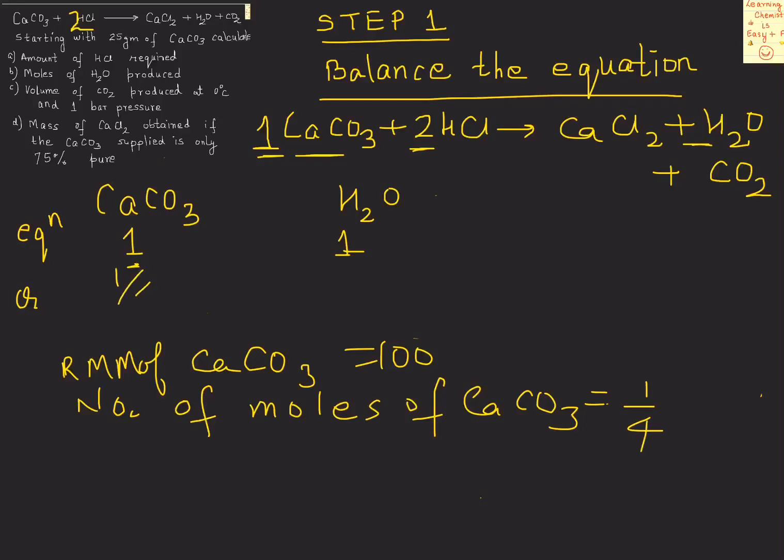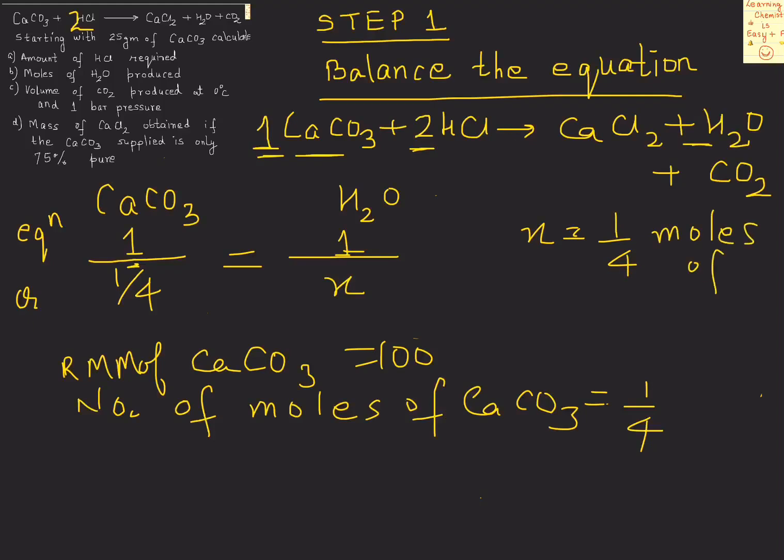So 1 by 4 moles of calcium carbonate will give you how many moles of water? Yes, this is the unitary method I was talking to you about. You don't need to write the full statement, you can just write it as X. Obviously, this question is very simple. So X is equal to 1 by 4 moles of water.